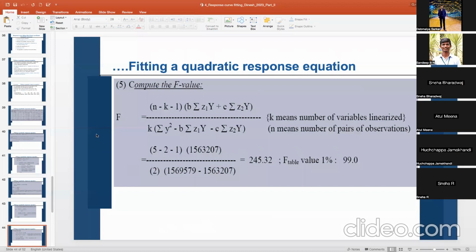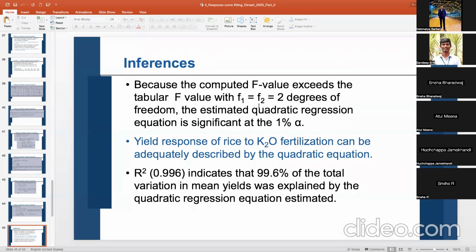So here the degree of freedom is 2 for both. The n minus 2 may be true for the linear case, but here the degree of freedom for regression was 1. Here, F1 is also 2 and F2 is also 2.